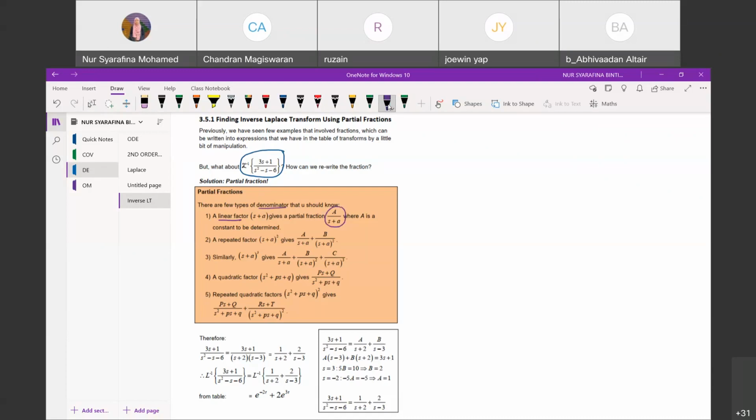And when the denominator is a repeated factor, then the partial fraction is written like this: A over s plus a plus B over s plus a squared. So this is a repeated factor. This is a linear factor. Okay, and then if you have a repeated factor up to 3, up to 4, then it is repeated: s plus a squared, s plus a cubed, s plus a to the power of 4, and so on.